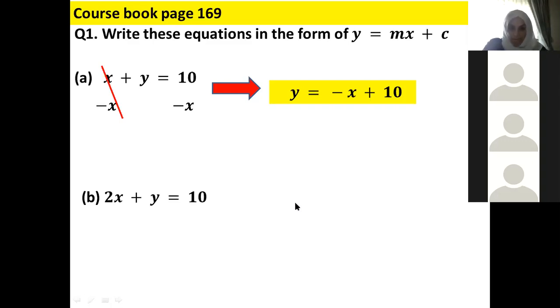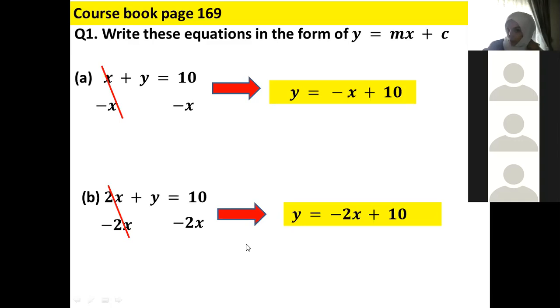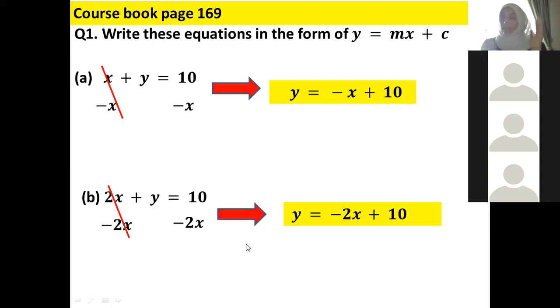So we have to get rid of the 2x. So I will just minus 2x from both sides. Yeah, so we will be left with the y and the 10 minus 2x. Okay, let's arrange them. So what will it be? y equals 10 minus 2x, which is 8x. No, that doesn't work. 10 minus 2x, these are different terms, Selina. 10 is a term, and the minus 2x, teacher, these are another term.